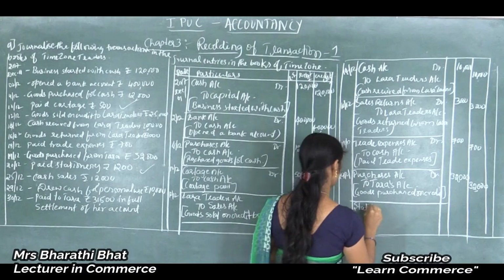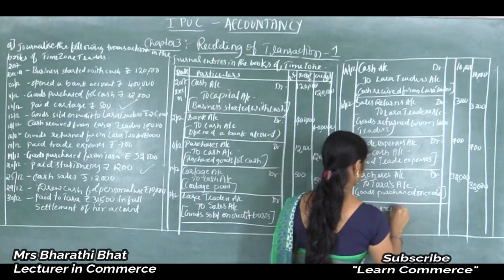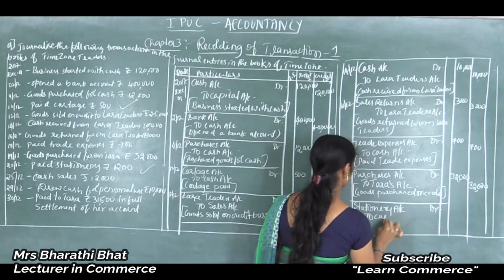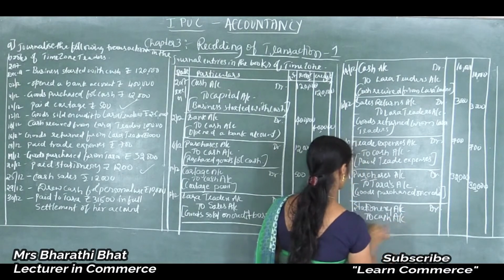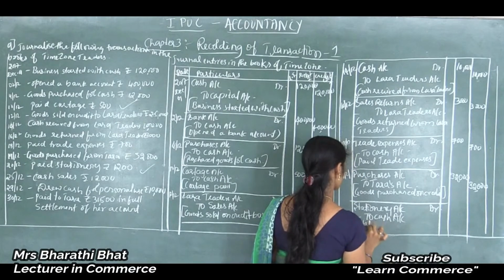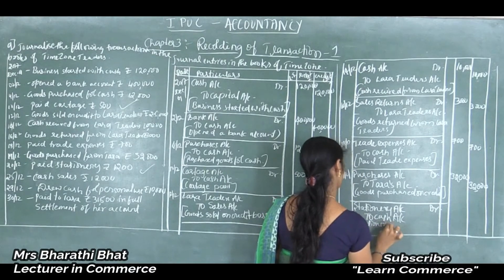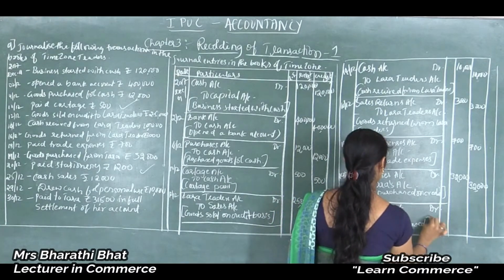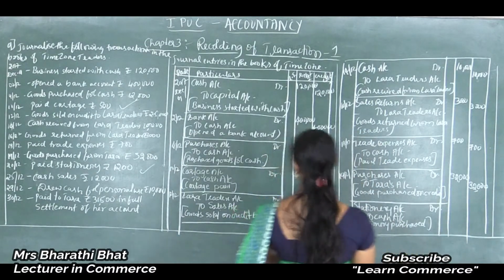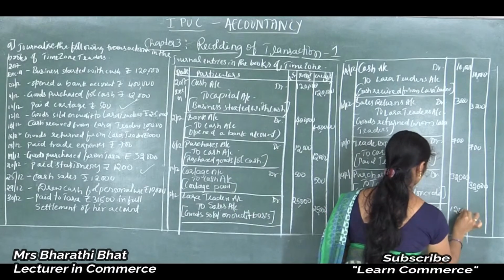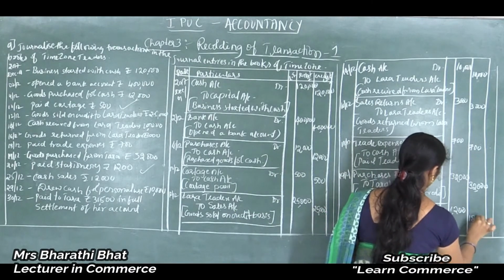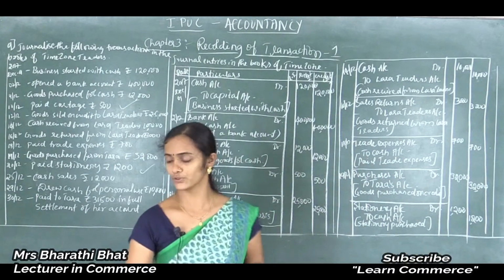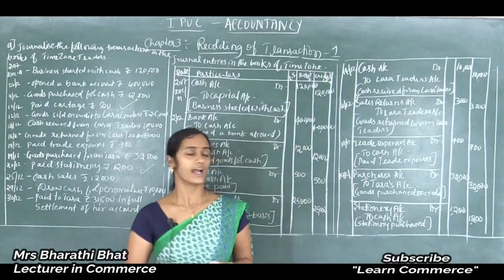Stationery account debited to cash account, stationery purchased. Write the amount: 1,200. And move to the next transaction. I'll erase this.